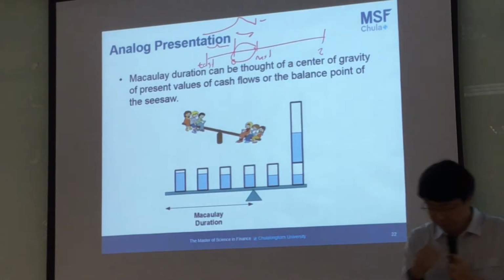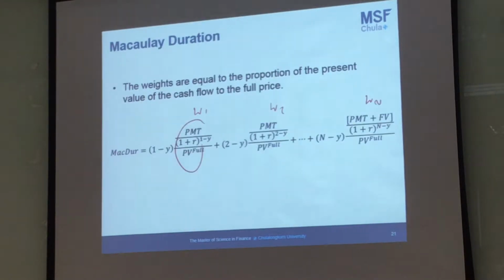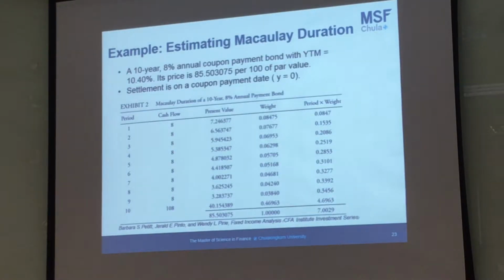But for me, I would interpret it like this: it's the average of time when we receive the cash flow. Here is another way to calculate the Macaulay duration.